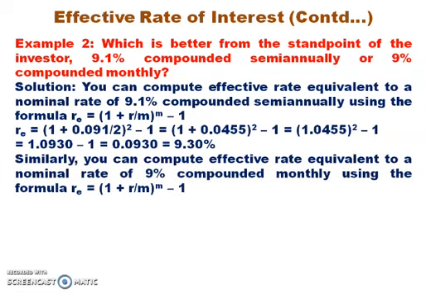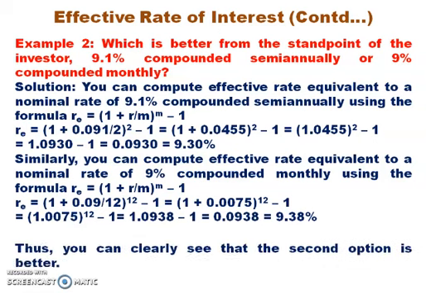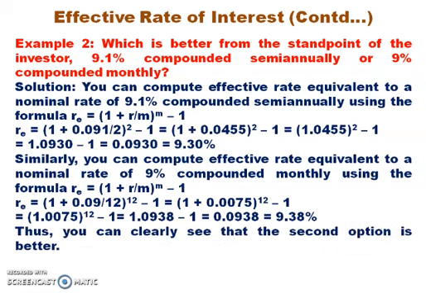Similarly, for second investment option, you can compute effective rate equivalent to nominal rate of 9% compounded monthly using the same formula, and here you get RE is equal to 9.38%. So you can see the effective rate of interest for second investment option of 9.38% is better than 9.30% of first investment option. So you should select the second investment option.